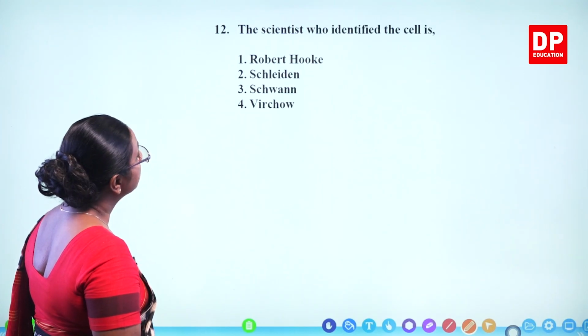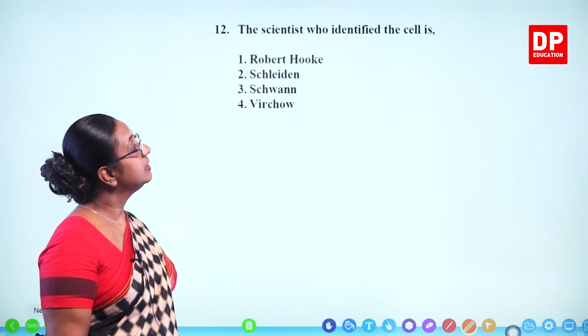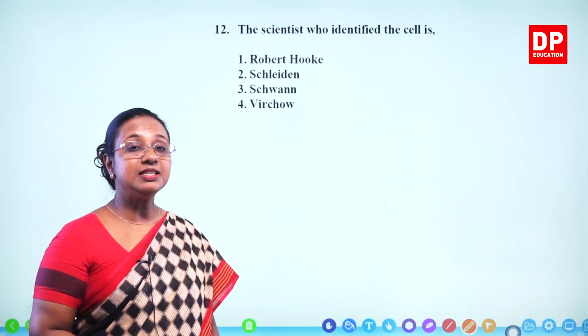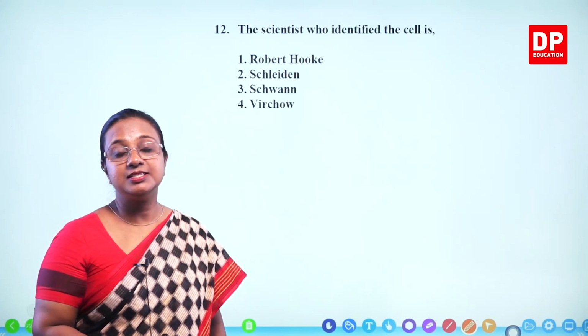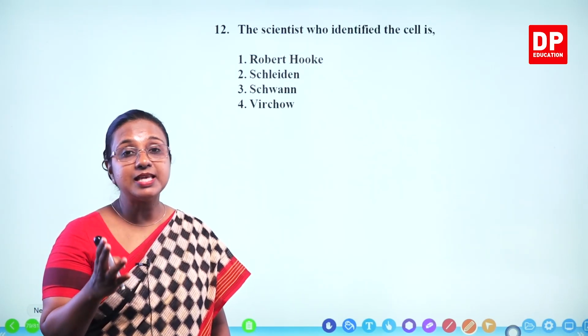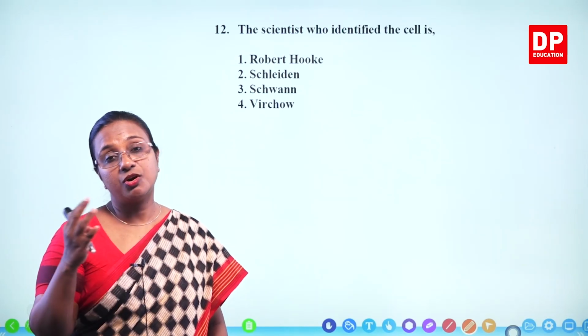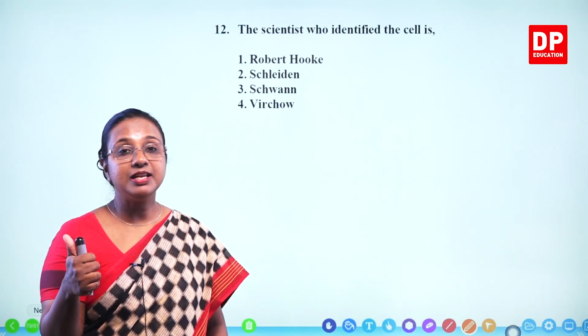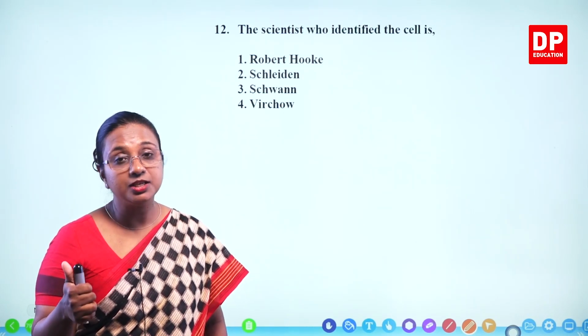The scientist who identified the cell is. You know the name of the scientist? There are 4 scientists involved with the cell and the structure or the cell theory. One person who identified it, he is Robert Hooke.